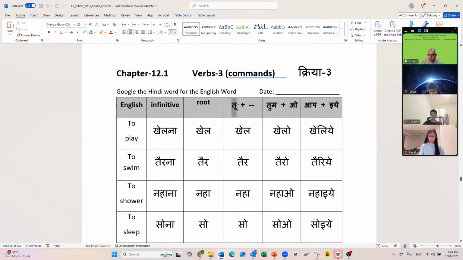When it's tu, we simply write the root word: tu khel. When it is tum, we add o to the root. Khel plus o becomes khelo, so we say tum khelo. Similarly, for aap we add ie, so kheliye.